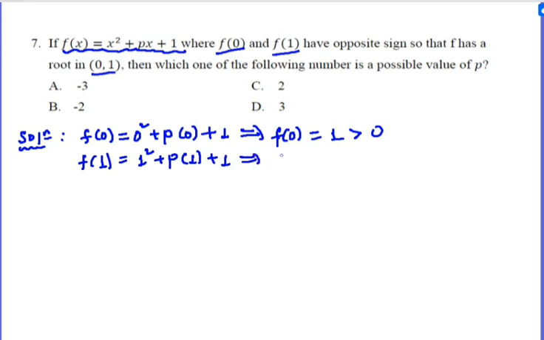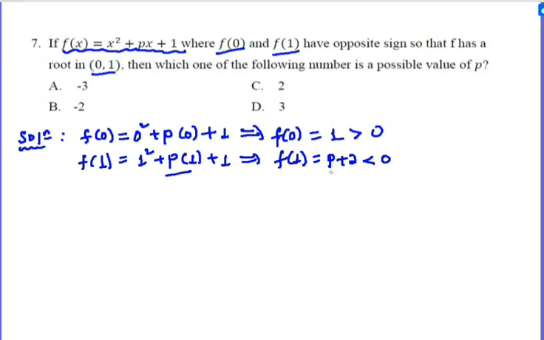So f of 1 is... p times 1 is p. 1 squared plus 1 is 2. Therefore, f of 1 is p plus 2. So definitely f of 0 is positive. f of 1 must be negative because f of 0 and f of 1 have opposite sign.